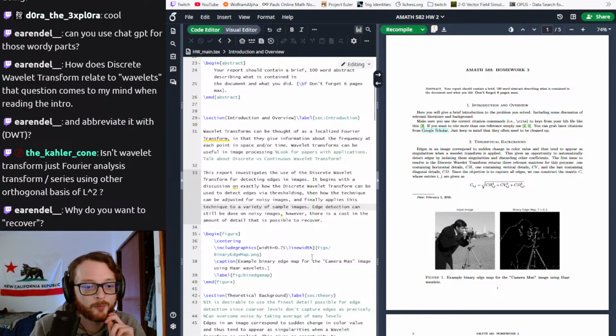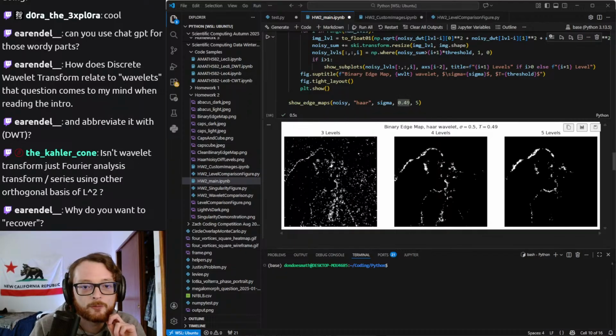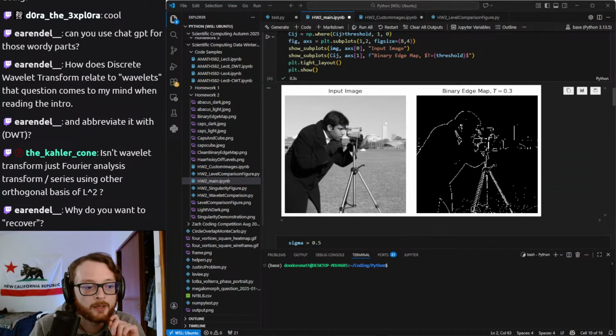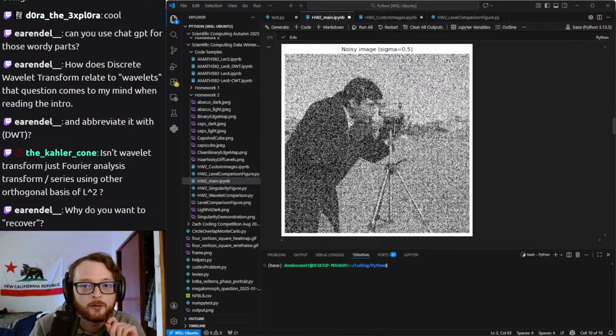I mean, maybe recover isn't the best word, but what I'm trying to talk about is I took the same stock image of the cameraman, I added noise to it, and I'm trying to say that we can still do edge detection on this noisy image, but certain details are just kind of permanently lost unless you get lucky or you really fine-tune things.